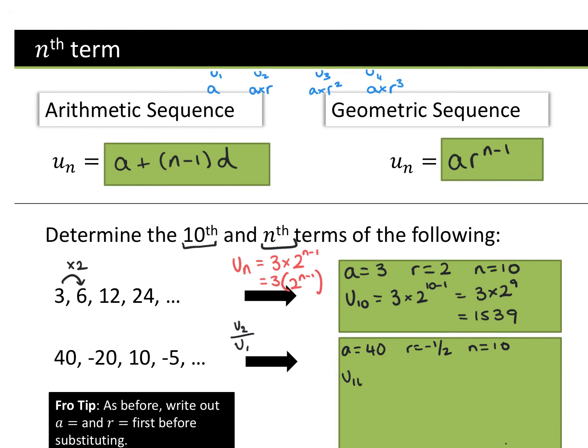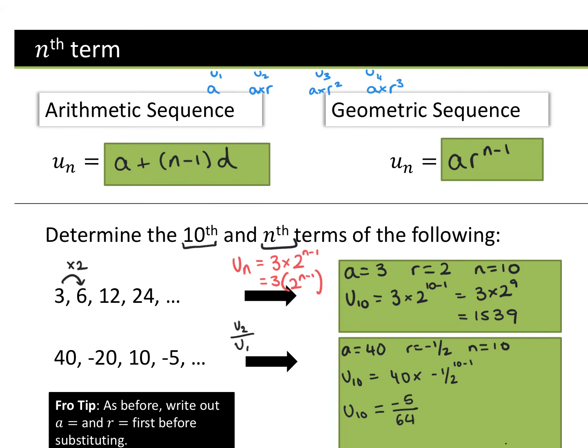So, for u10, I'm going to have a, which is 40, multiplied by r, which is negative a half to the power of 10 minus 1. This means that u10, when I substitute this into my calculator, is going to give me minus 5 over 64.